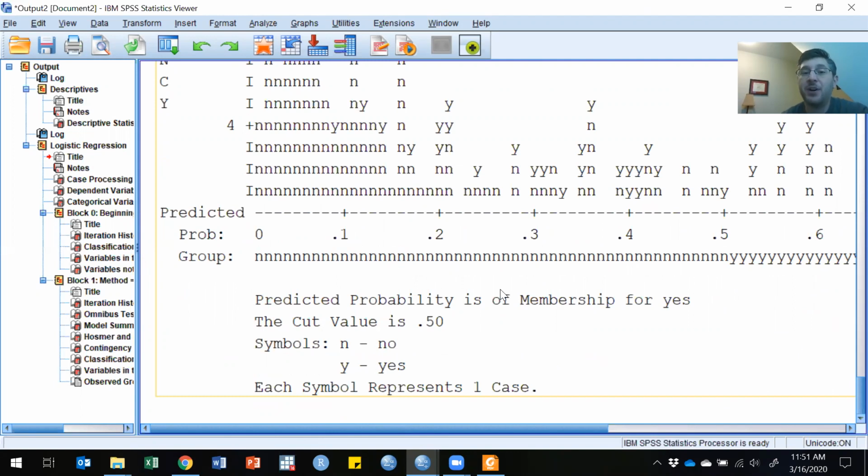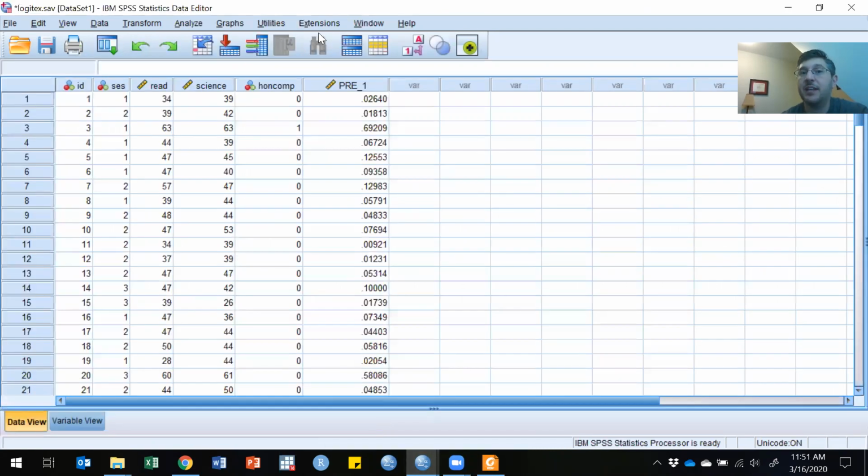When we ran the model, we asked it to save out the predicted probabilities from the model. So this would be the predicted probability for someone who was in the low SES group, who had a reading score of 34, a science score of 35. This would be their predicted probability.